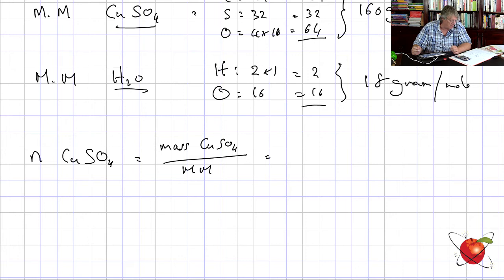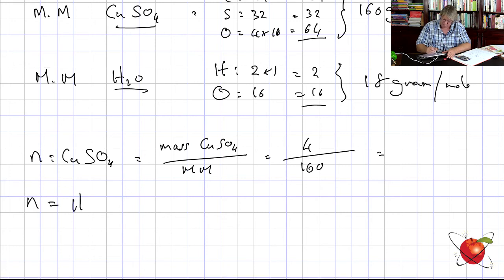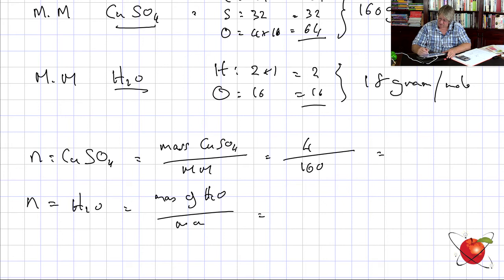What is the mass of the copper sulfate? It was 4, divided by 160 is that. And the number of moles of H2O is mass of the water divided by the molecular mass. How much was the water? The water we worked out to be 2.25, didn't we?